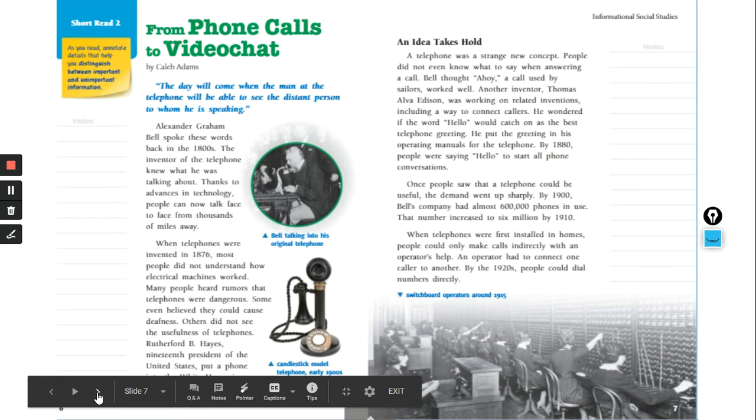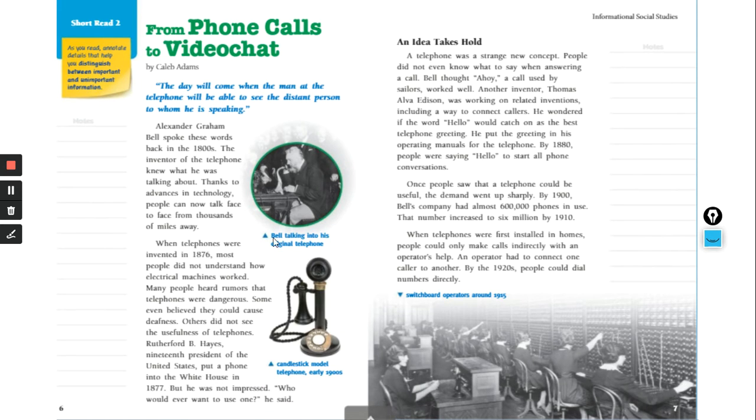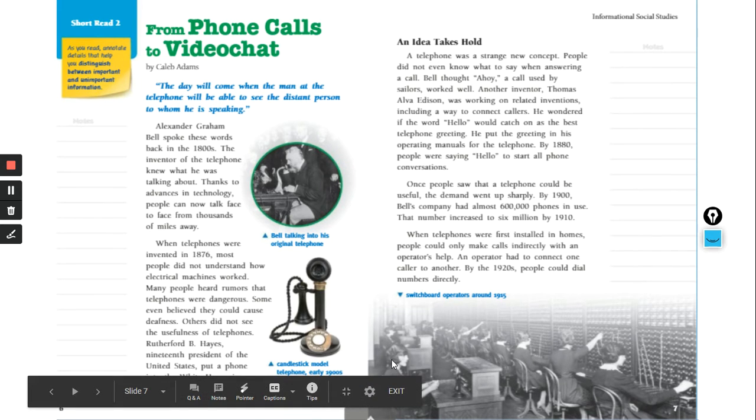So here I have my article and I have it pulled up. I'm looking to see when did telephones start to become popular? So I'm looking quickly at some of the text features that I can see. On page 7, I'm looking at An Idea Takes Hold.